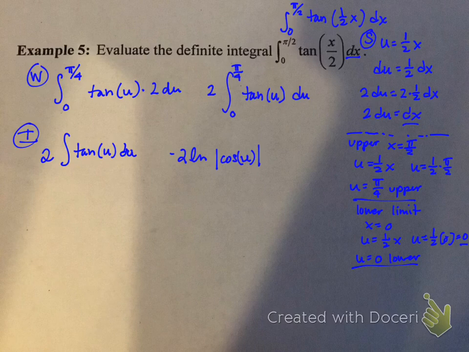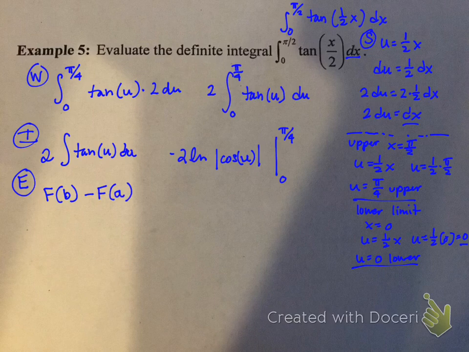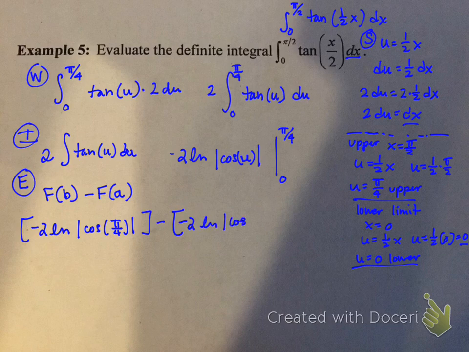All right, my next step is to evaluate it. Remember, we're evaluating this function from 0 to pi over 4. So I'm going to take f at b minus f at a. So f at b, negative 2 times ln of cosine of pi over 4, minus negative 2 ln of cosine at 0. So let's figure this out.